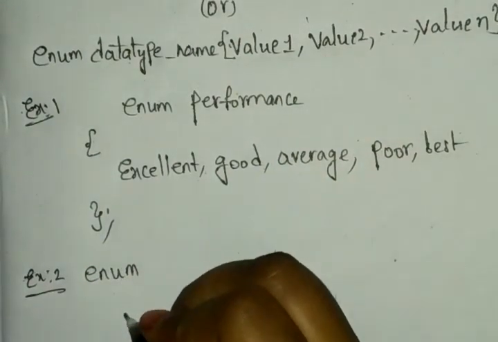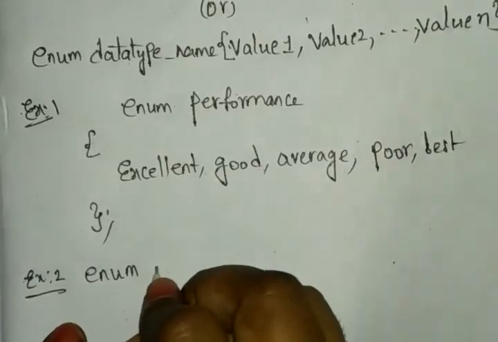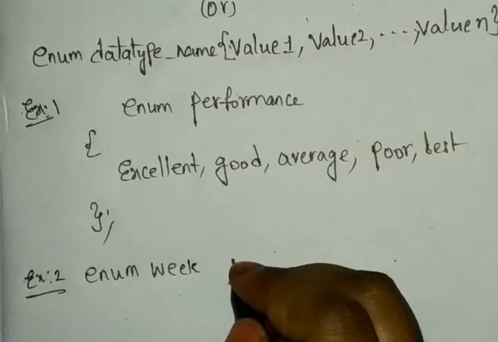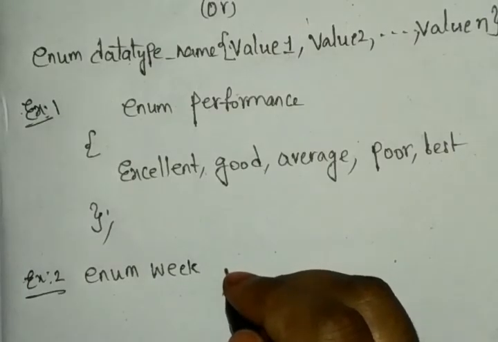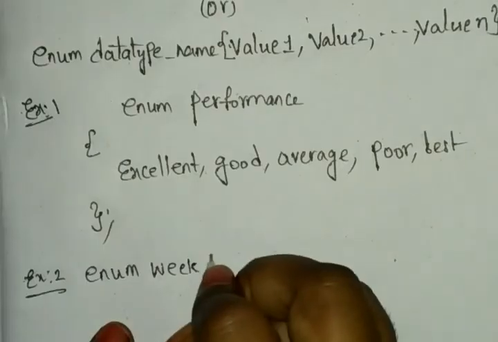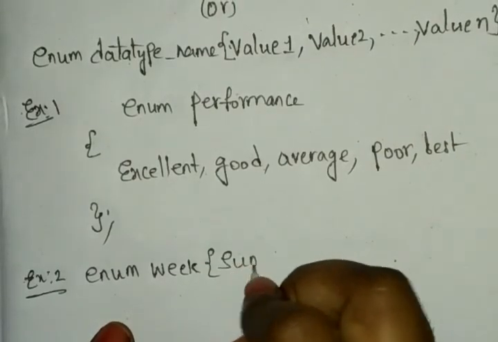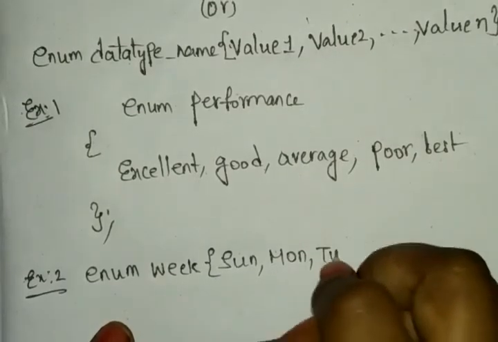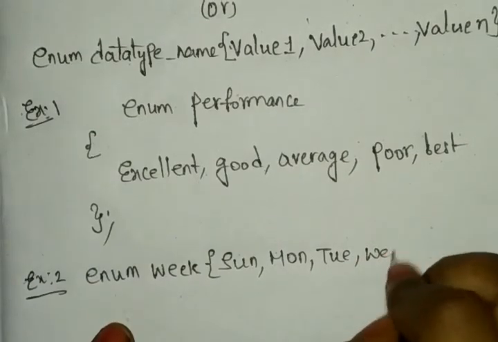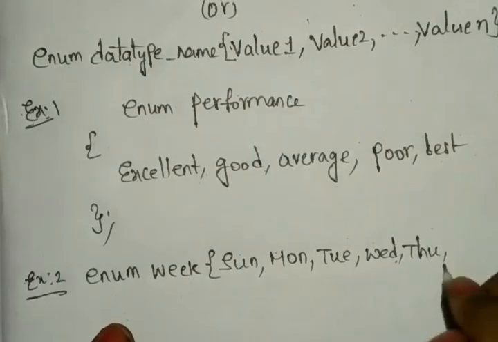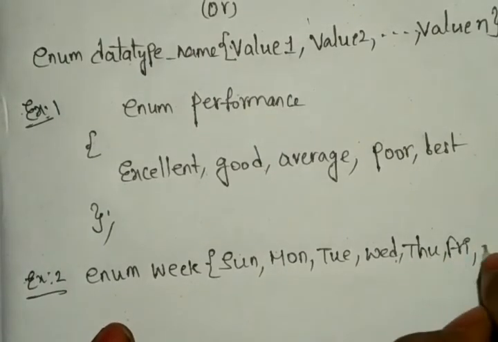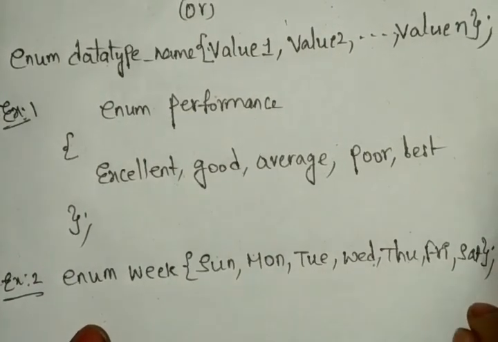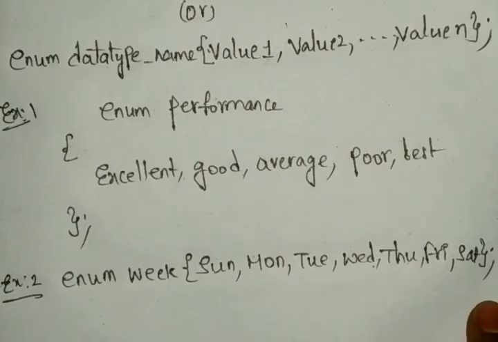Our data type name is week. In the week you can define whatever days you have: Sunday, Monday, Tuesday, Wednesday, Thursday, Friday, and Saturday. Like this also we can define our enumerated data type.